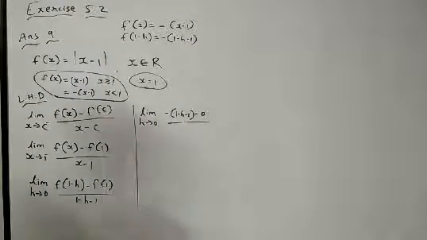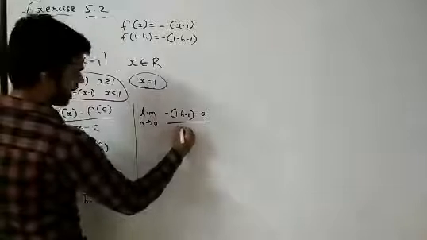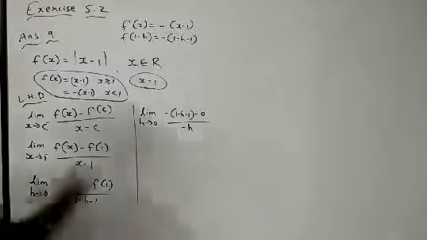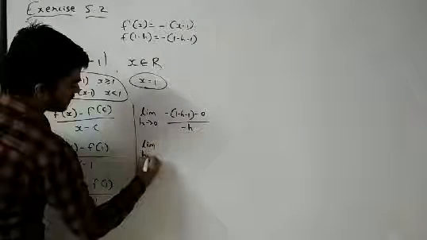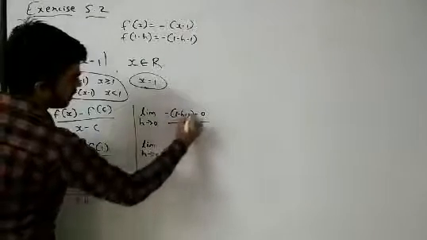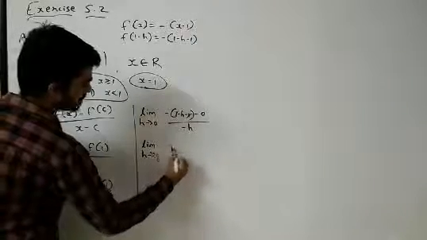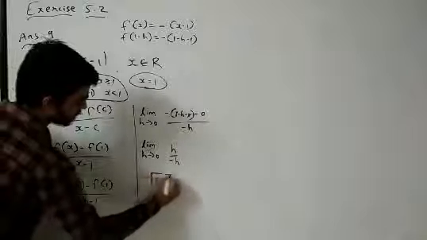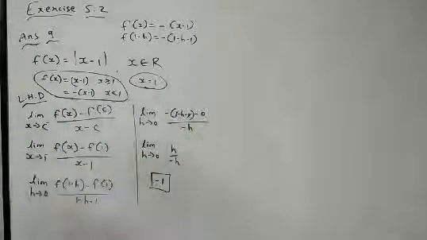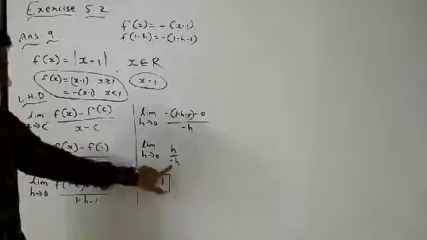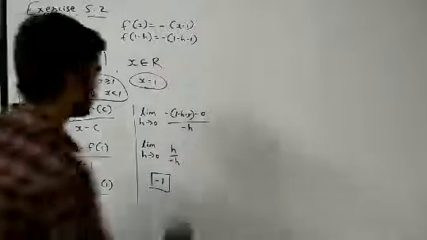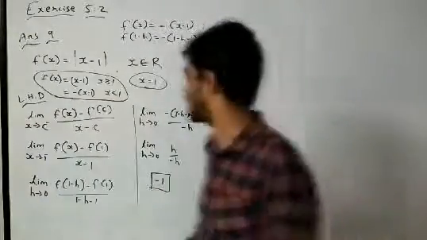Then 1 and 1 cancel, minus will become plus h, so h by minus h. So h and h get cancelled and it will be minus 1. And limit of constant function minus 1 is minus 1 only. Right? I hope it is clear.